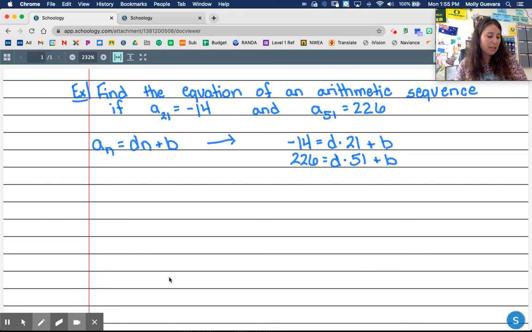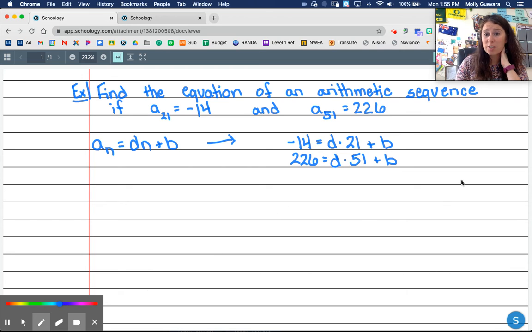So what I've done is I've gotten these two equations from the information, right? Where 51 is my input, and then 226 is my output, or 21 is my input, negative 14 is my output. And then I stacked them because now I have a system of equations that I can solve.